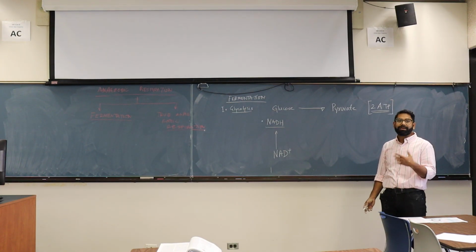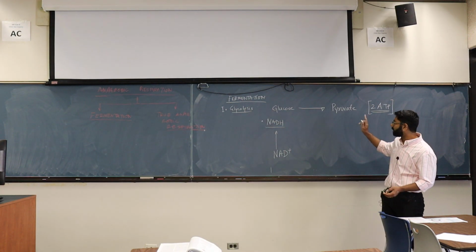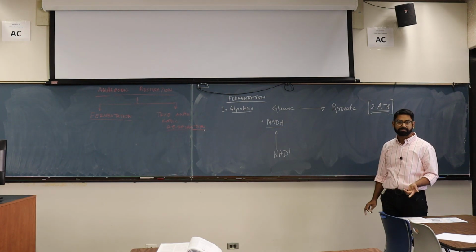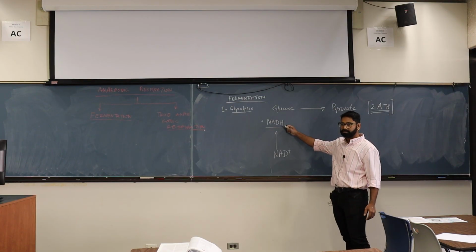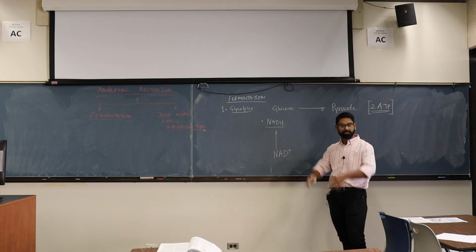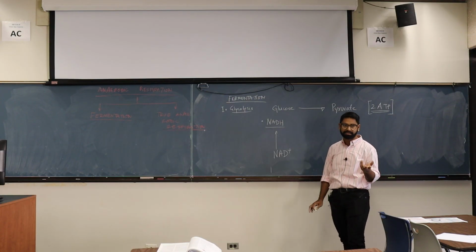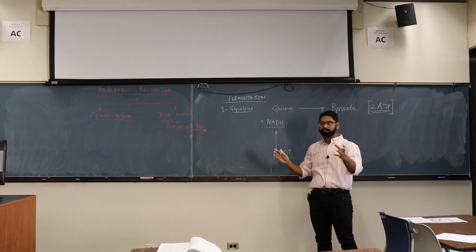But if you don't have anything else, can't you just keep on producing this? Those charged batteries are produced, so electrons are being produced. So this is the charged battery. Can't you just do this forever? Glycolysis. Can you keep on doing glycolysis until this sugar is gone?